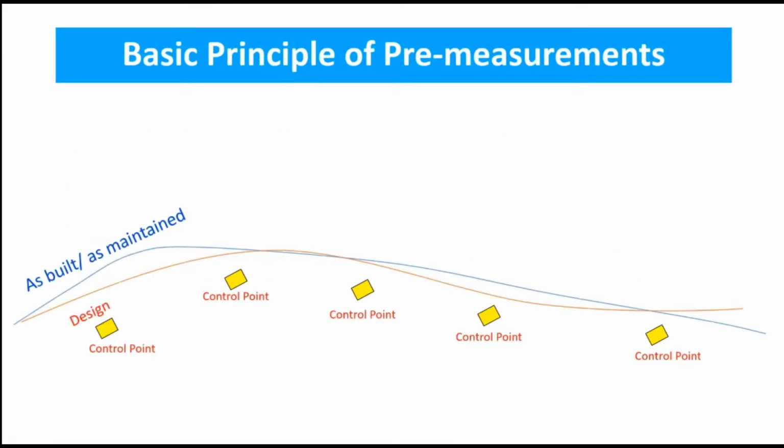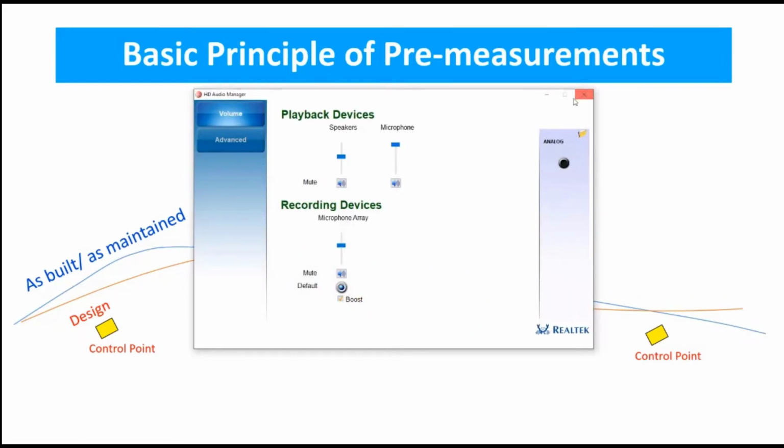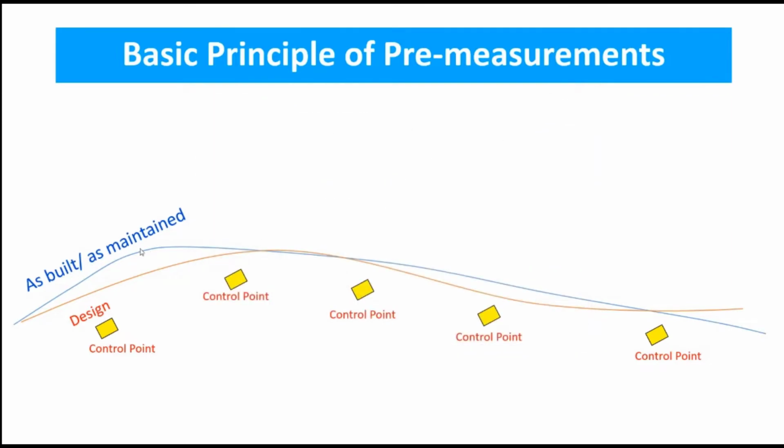Then what is required is, say, the blue line is the existing alignment or as-built or as-maintained alignment, and the red line is the designed alignment.